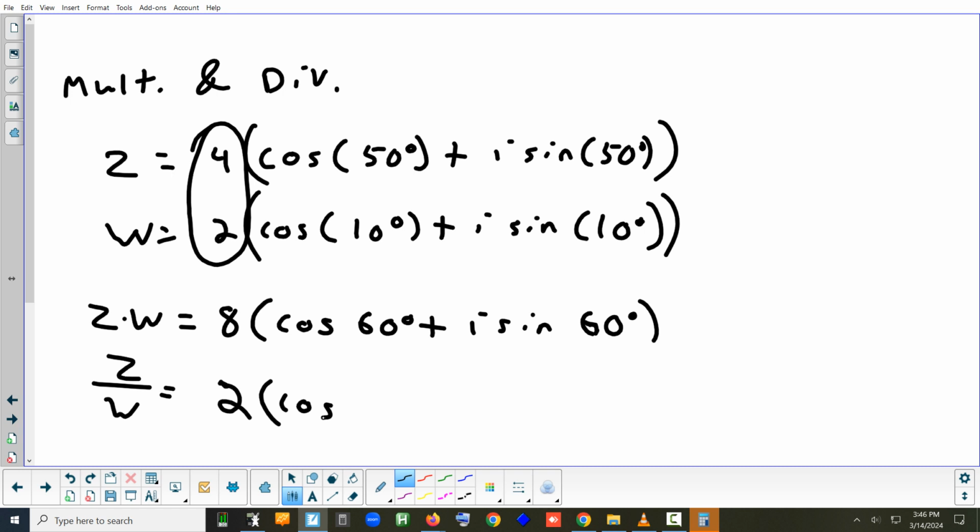Would it be 10 from 60? Well, to do the division, you don't need the multiplication at all. So don't even look at the 60. You're going to look back at the two original problems. Okay, I got it. So subtract 10 from 50? Yeah. And what would your angle be? 40. So that's the stuff that we did pretty much yesterday, multiplying and dividing.